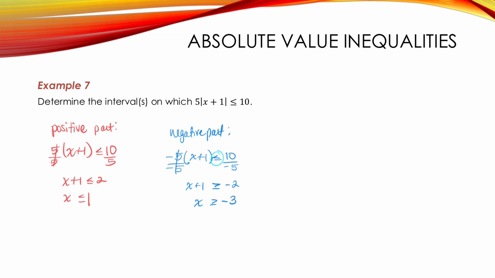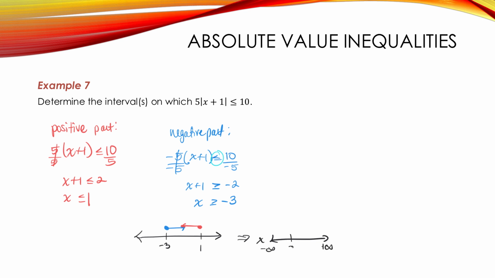So in this case, if we look at our number line, we have negative 3 and positive 1. Negative 3 is filled in and going to the right. 1 is filled in and going to the left. So this is an overlap situation. What this tells us is that our number line, in terms of x's, goes from negative infinity to positive infinity.